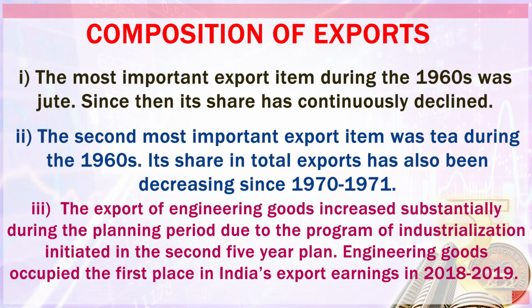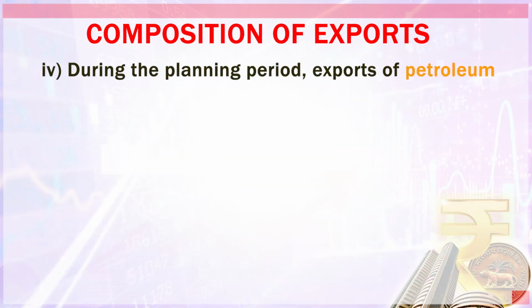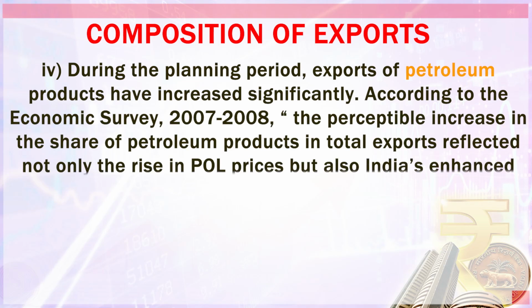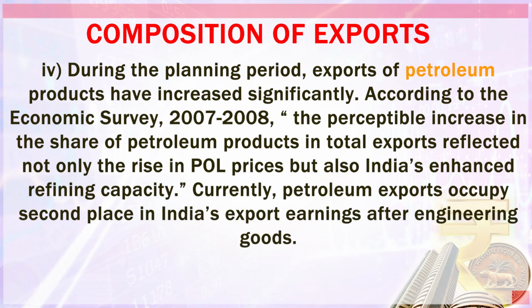So, during 2018-19 and at present, that means in 2020, 21, 22, the most important, the first item for export is engineering goods. Now, the second important commodity is petroleum products, export of which has increased dramatically in recent years.